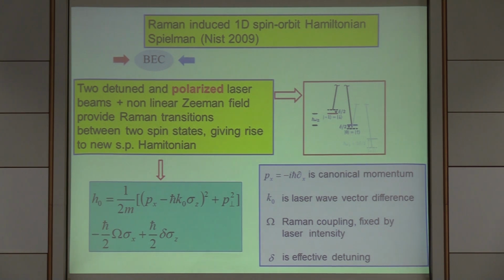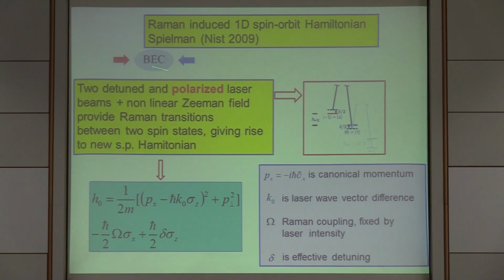The spin-orbit coupling that I will consider here is the simplest realization that has already been achieved and investigated experimentally in a rather systematic way in the group of Ian Spielman, and is based on the use of two polarized lasers applied to a Bose-Einstein condensate with a proper nonlinear Zeeman field to eliminate one of the three hyperfine components.